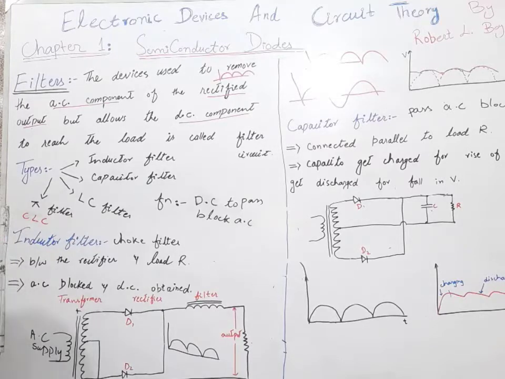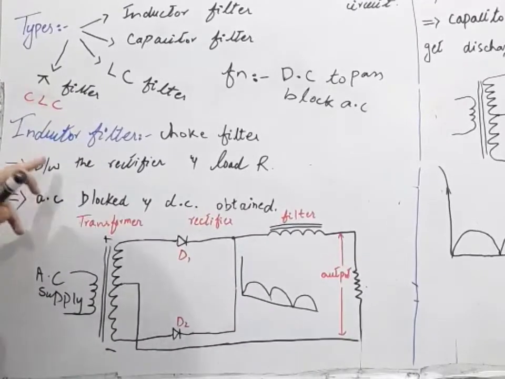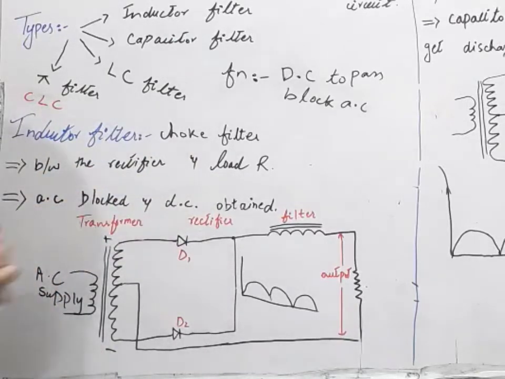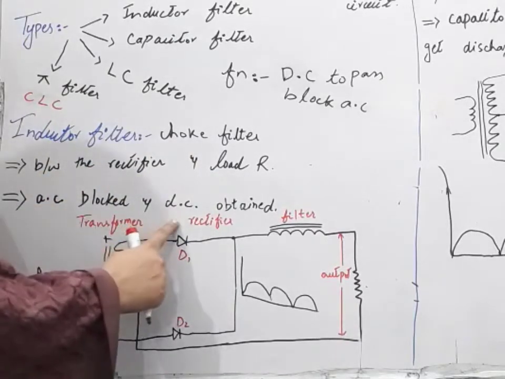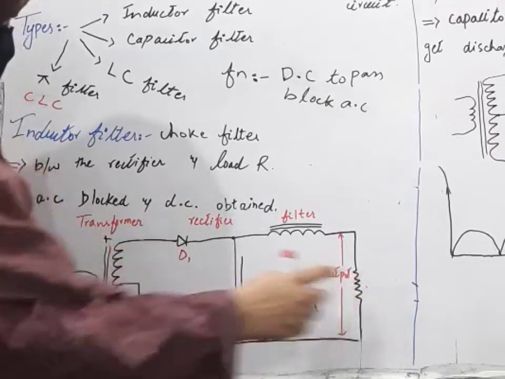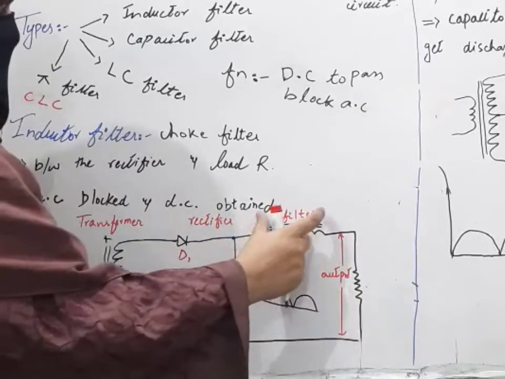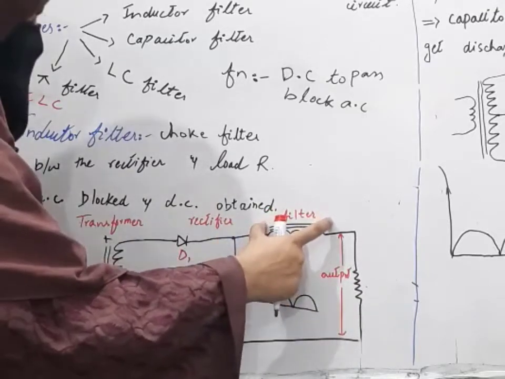The first filter is the inductor filter, and it is inserted between the rectifier and the load resistance. This is our transformer, this is our rectifier and this is our load resistance, and between the rectifier and the load resistance we insert our filter, which is the inductor.